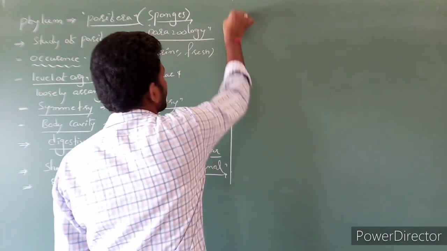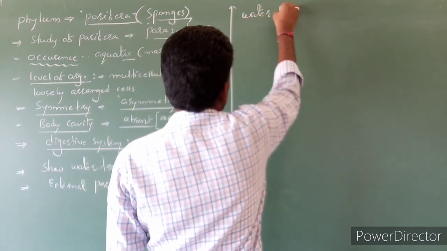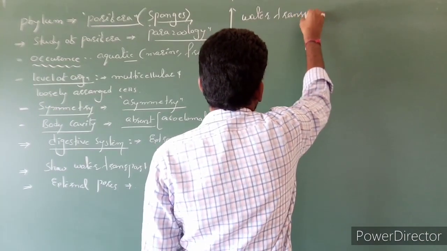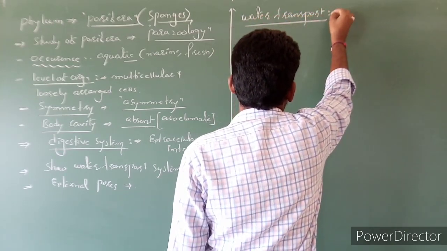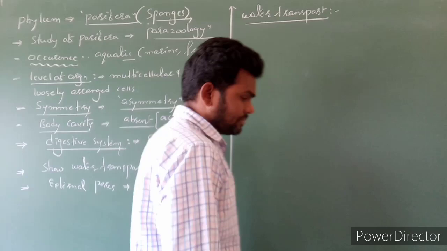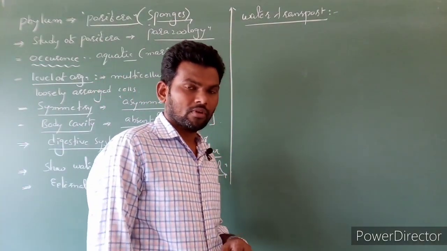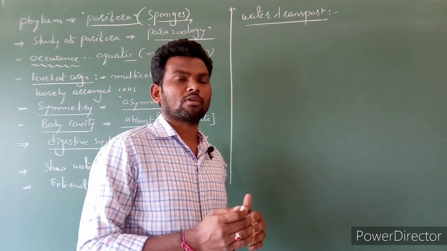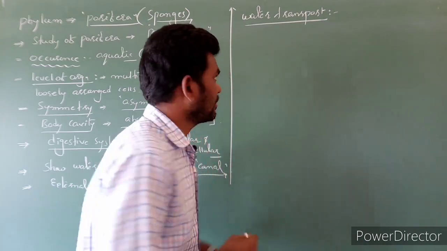So let's see how the water transport system works. Here the body contains a number of external pores, which are useful for movement of water into the body as well as from the body to outside.